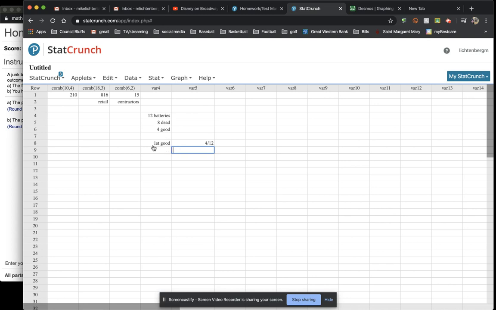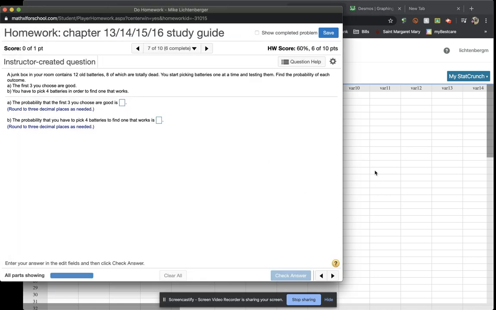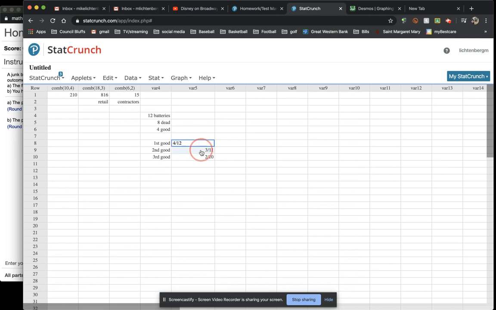Okay. The second one, and we're going to use the same trick we did in the assignment. The second one being good, if without replacement, is going to be 3 out of 11. And the third one being good is going to be 2 out of 10, because we're assuming without replacement. So to find the answer, I'm simply going to multiply those 3 fractions together.